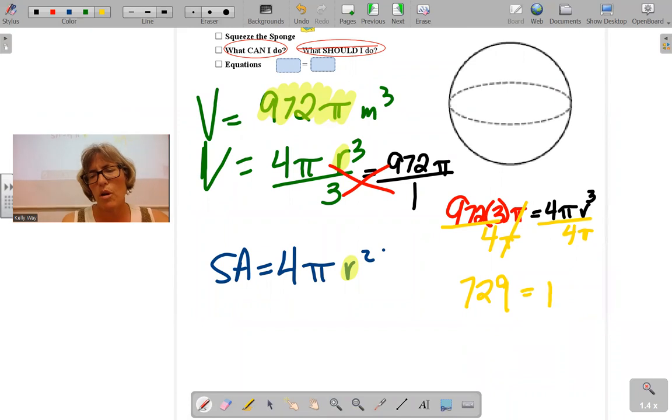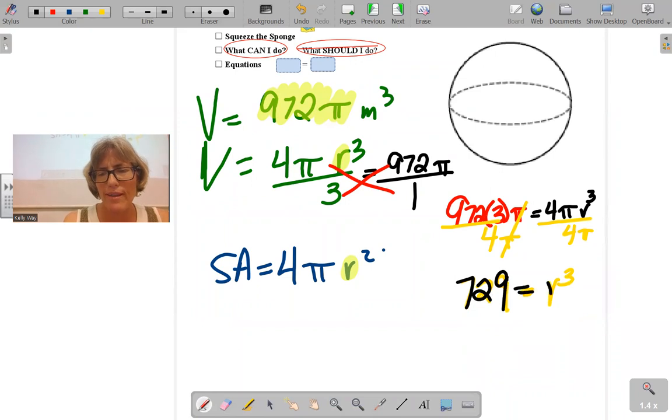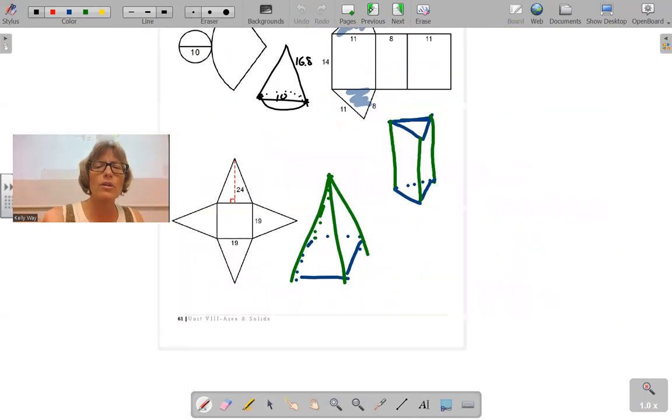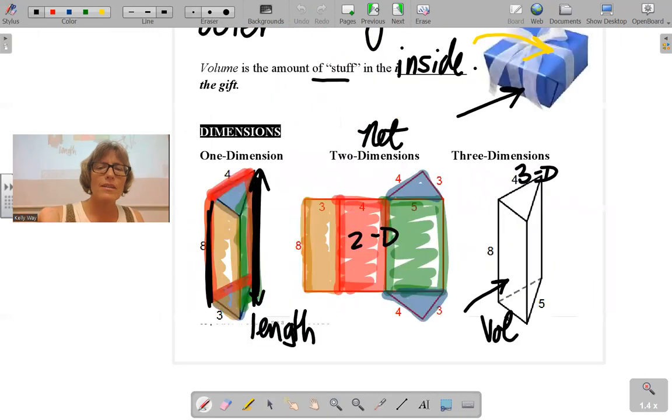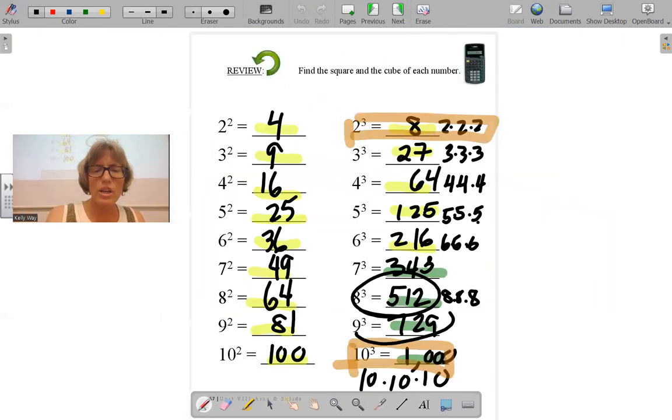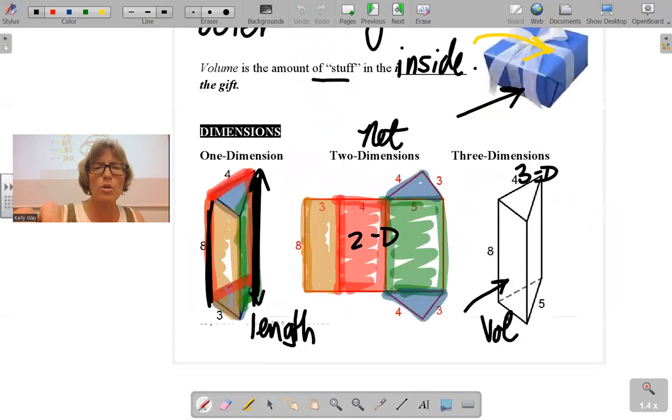729 equals r cubed. And you're like, how do I do cubes on a calculator? You don't. You have the 1 through 10 memorized. Because when you go back here, 729 is 9 cubed.